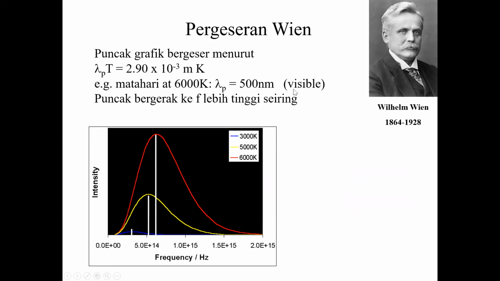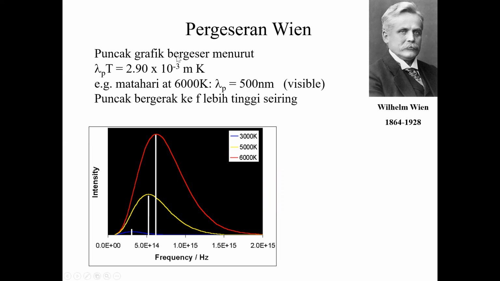So, for example, we could estimate approximately the temperature of the sun's surface using visible light.